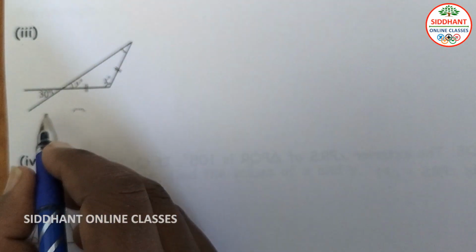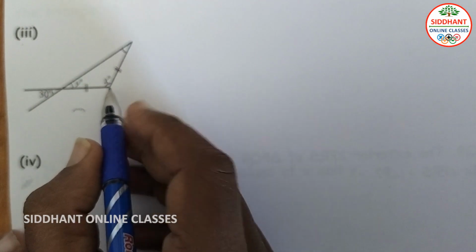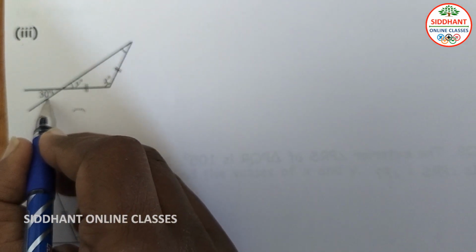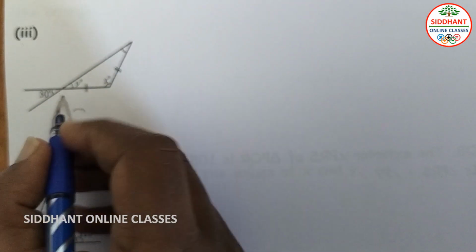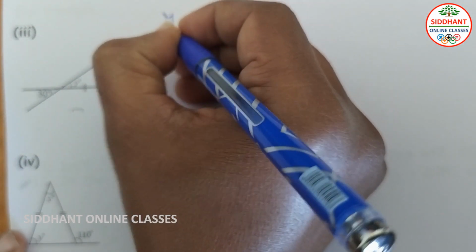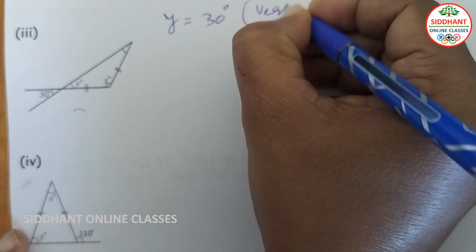Next, third figure, y we are going to find out and here x we are going to find out. So here y is equal to 30 degrees because vertically opposite angles are equal here.